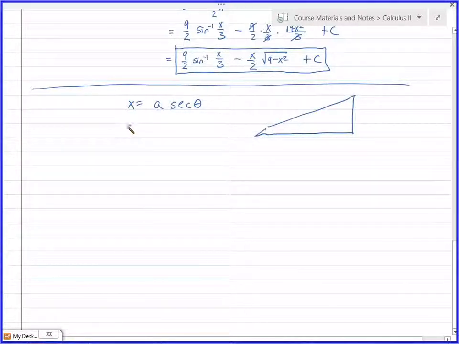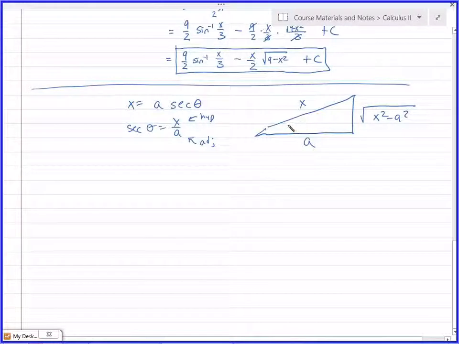Because secant of theta is x over a. And secant is hypotenuse over adjacent. So I put x on the hypotenuse, a on the adjacent, and now this becomes square root of x squared minus a squared. Now I can do any of the 6 trig functions for that theta from that triangle.